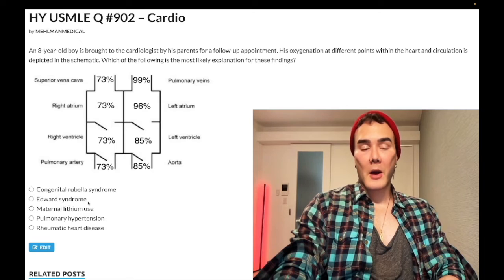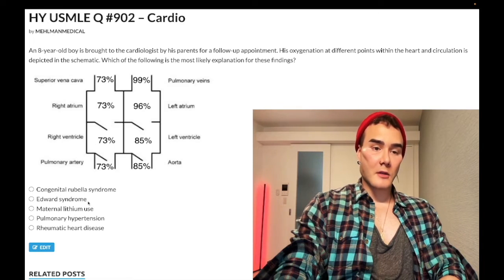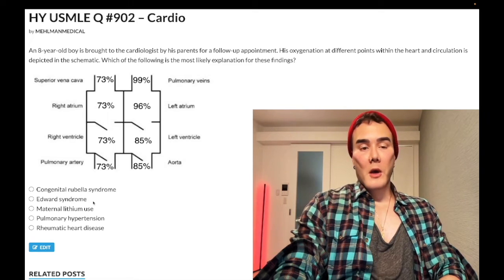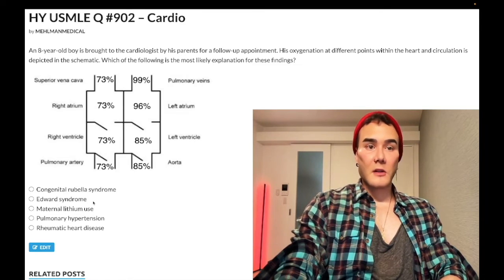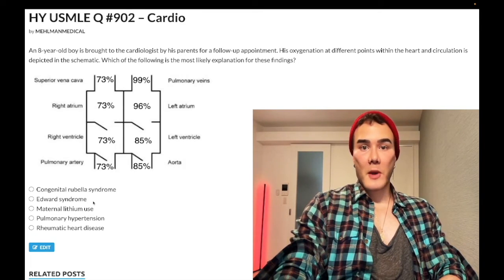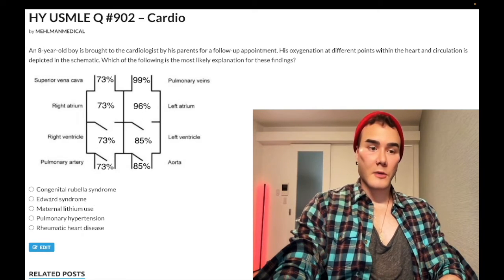This would be rocker bottom feet, clenched hands, overlapping fingers, micrognathia, prominent occiput, low set ears, obviously trisomy 18. But if we had Down syndrome in contrast, where we could have endocardial cushion defects, that could be AVSD, ASD, VSD, that could obviously make the question more complicated and would conflate with the correct answer here. Point is, wrong answer.